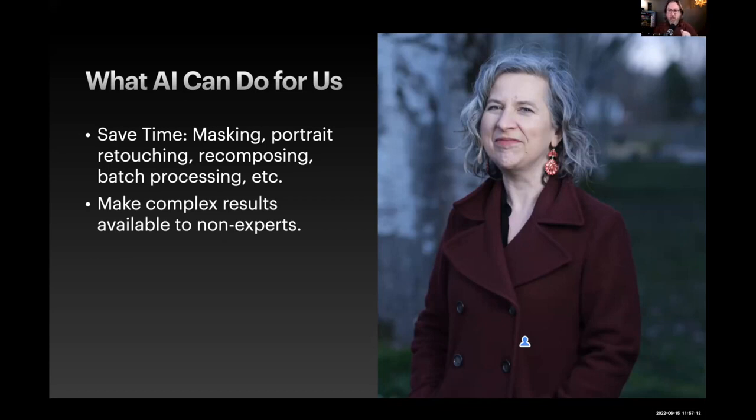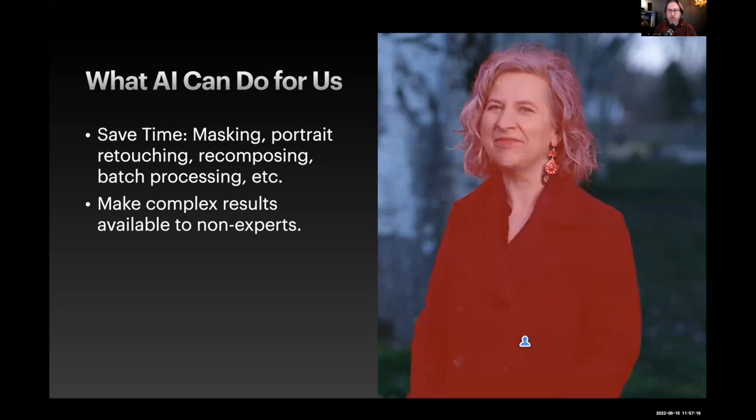Well, in Lightroom, and I'll show this in a minute, you can ask Lightroom to select the subject, and this is what it creates in literally maybe 15 seconds. And including the hair, it's really pretty amazing. And all of that is due to these machine learning models and AI technologies.